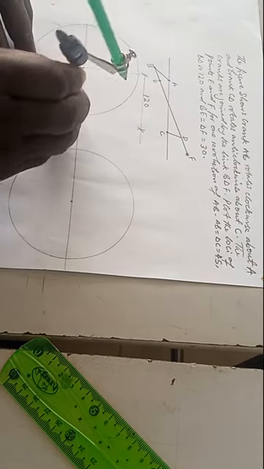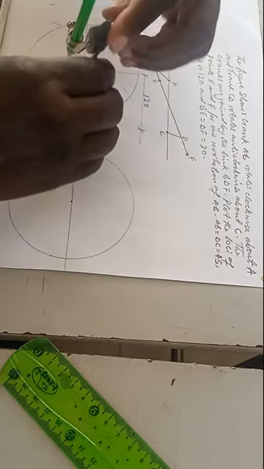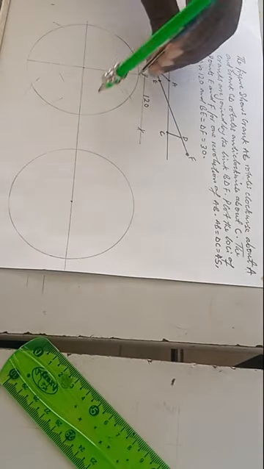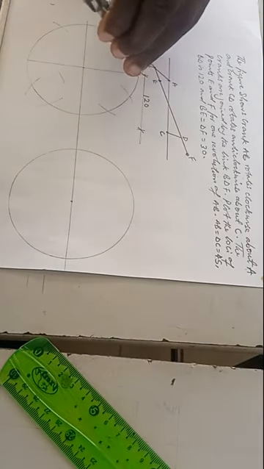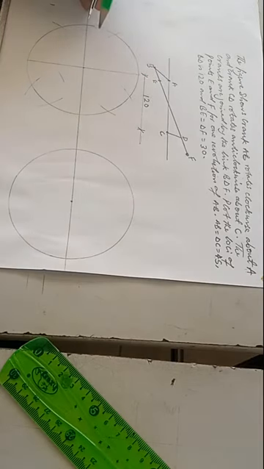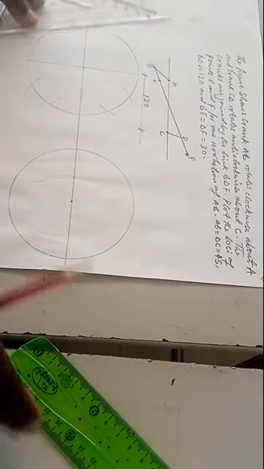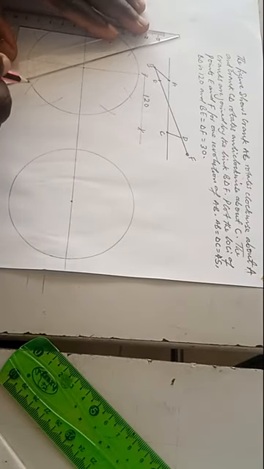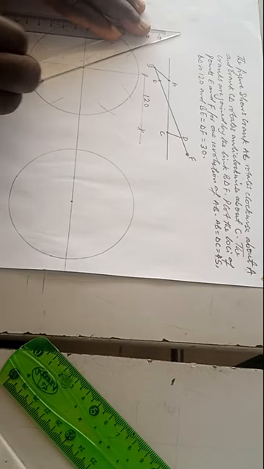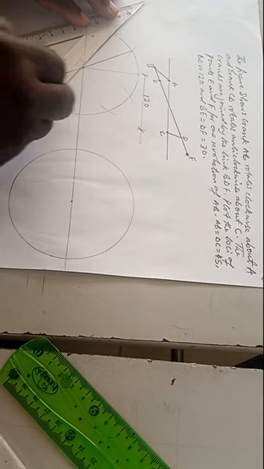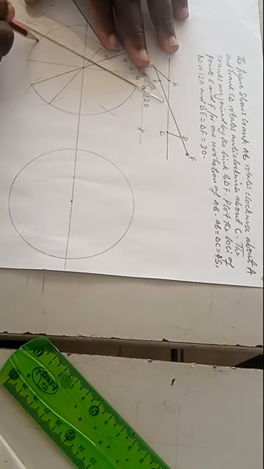You go to this place, you will be up and down like this. You go to this place, right and left, and this one will be up and down. So that's division into 12 equal parts. Just join them, passing through the center.